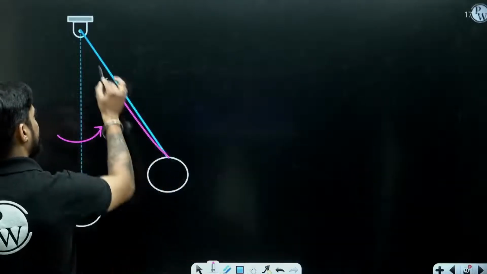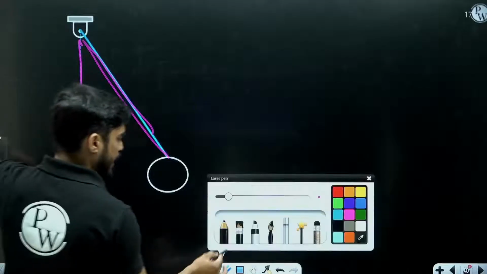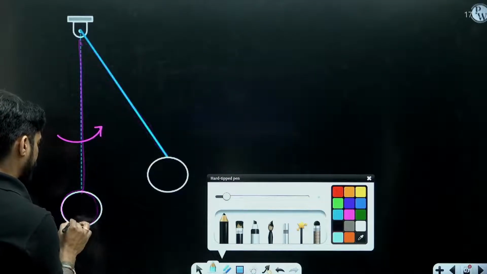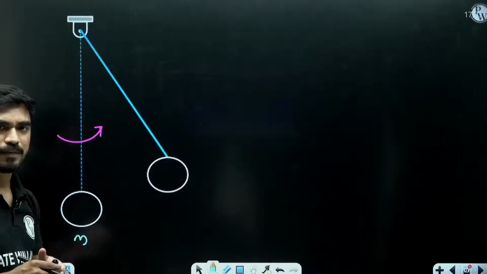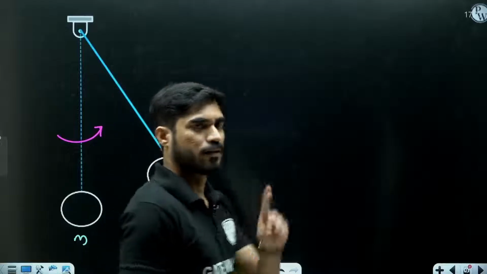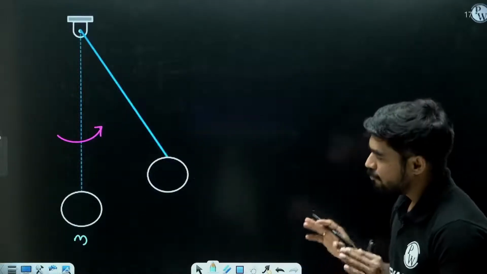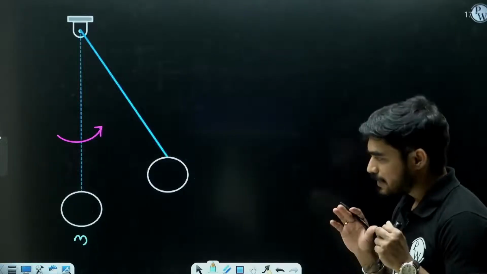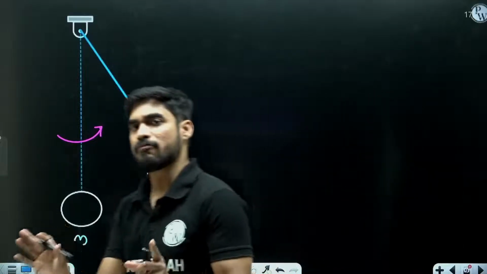Assume that this string is massless. Okay, this has a mass m. So when I am calculating the kinetic energy, I have two options. The first option, I can write the equation of kinetic energy considering the velocity of this mass in X and Y directions separately.